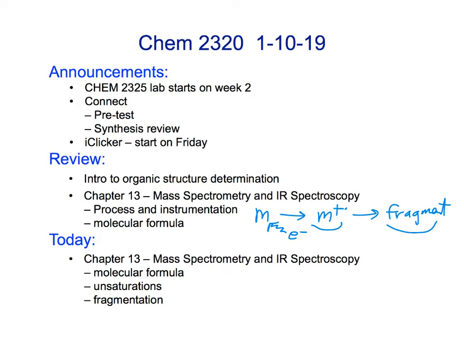From that information, we started looking at how we might get information about the molecular formula. So we went through kind of a stepwise process where we would take that mass. What we did was we took the mass and we first divided it by 12, because that's just the maximum number of carbons we could fit into that mass.